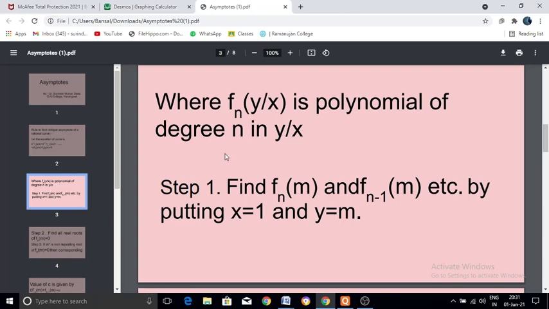Now step one is to find f_n(m), f_(n-1)(m), etc., by putting x equal to 1 and y equal to m.